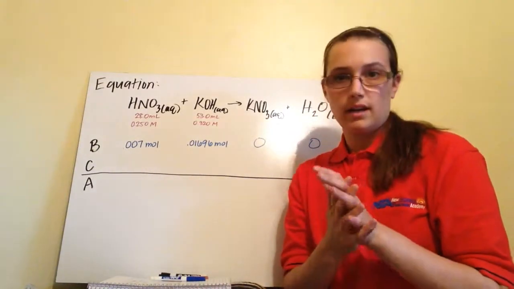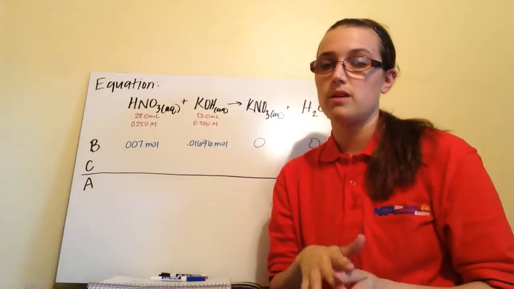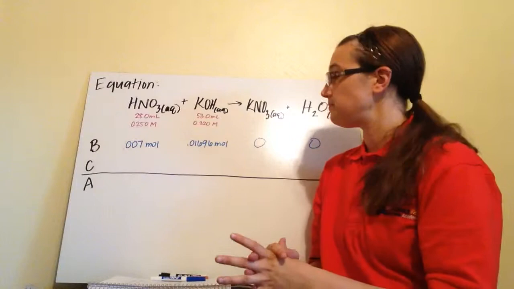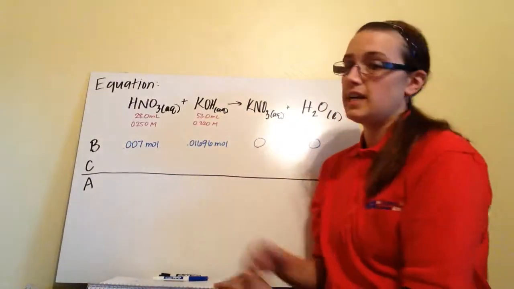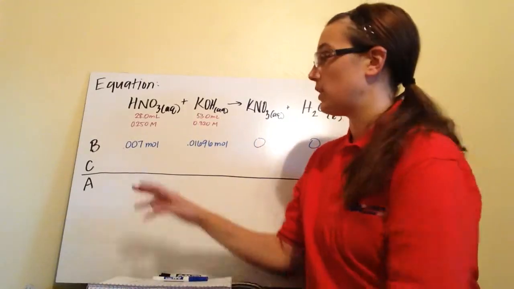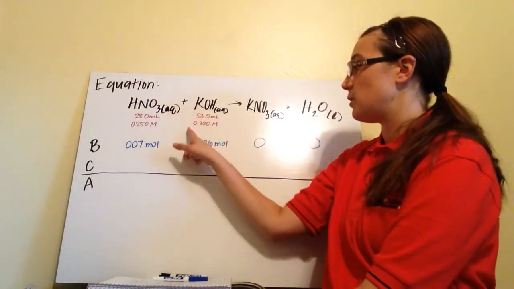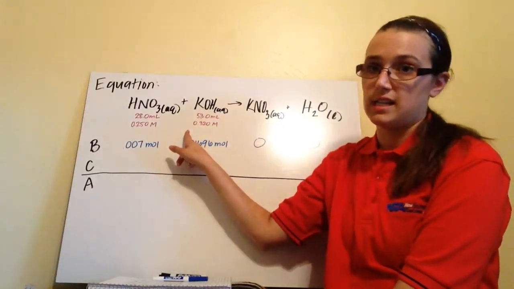Now, think about what the net ionic equation would be, and I want you to write that down in your notes right now. So pause the video, write down the net ionic equation. And then if you take a look, I wrote the given information down underneath the molecular equation. So I wrote down the volume and the molarity of nitric acid, the volume and the molarity of potassium hydroxide.